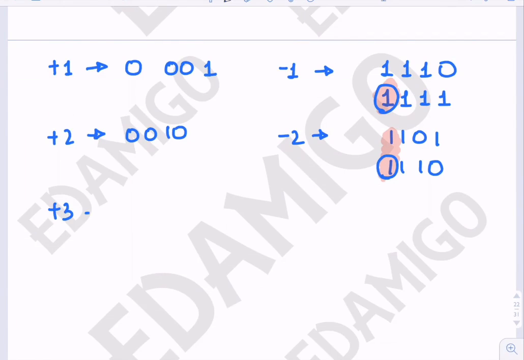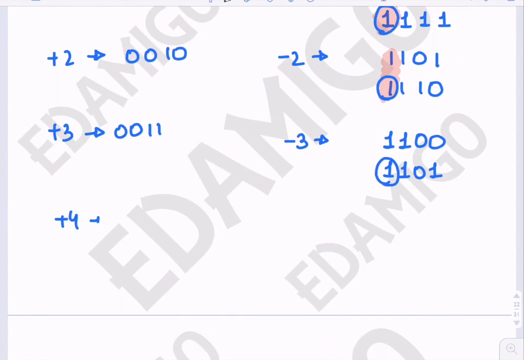Similarly, plus 3 is 0011. So minus 3 will be, first of all complemented 1100 and then add 1, giving 1101. This is the sign bit. Plus 4 is 0100. For minus 4, first we complement it, 1011, and then add 1, so we get 1100.